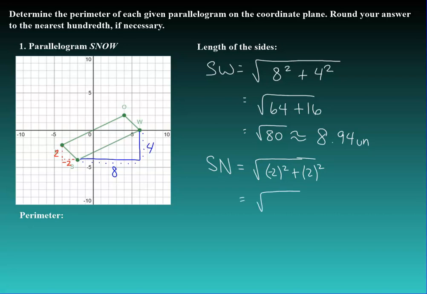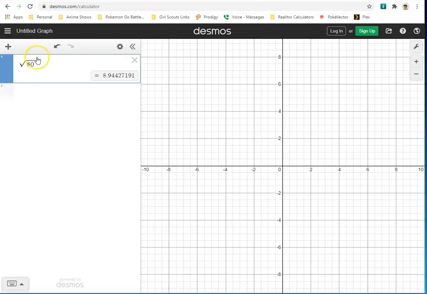Negative 2 squared is 4, 2 squared is 4. They're both 4. And that gives us the square root of 8. And then again we can use Desmos to get this answer. It's 2.83, because this 8 here is going to make the 2 round up. So 2.83.